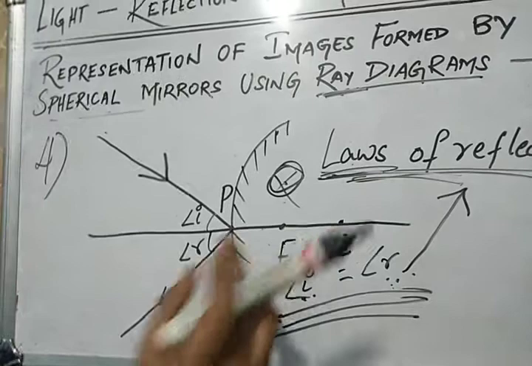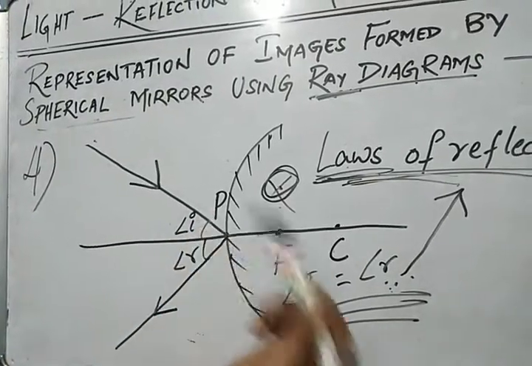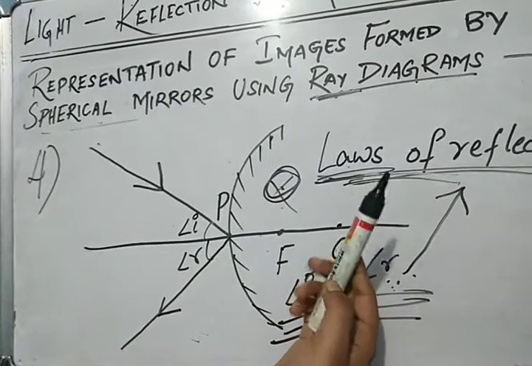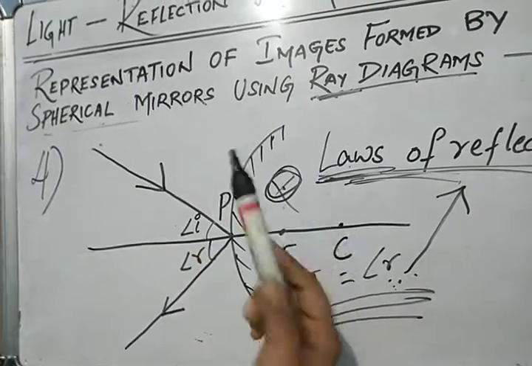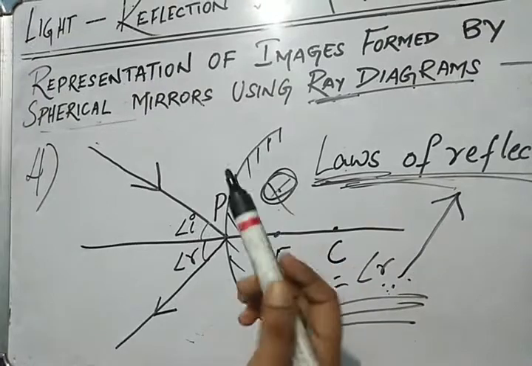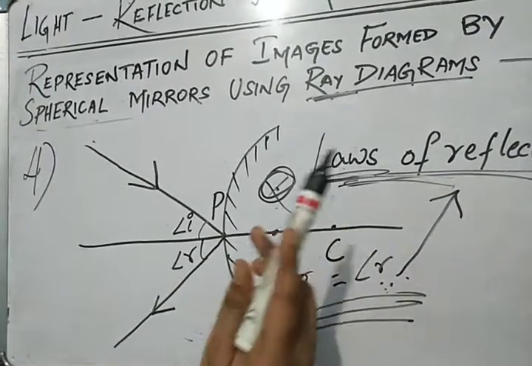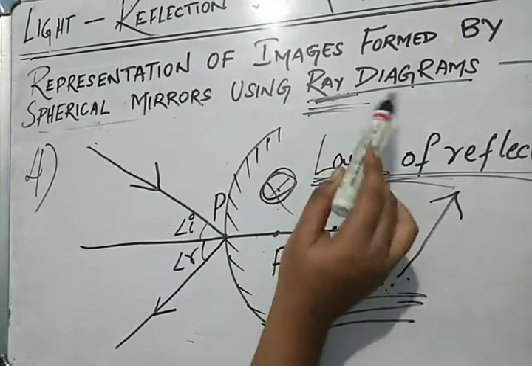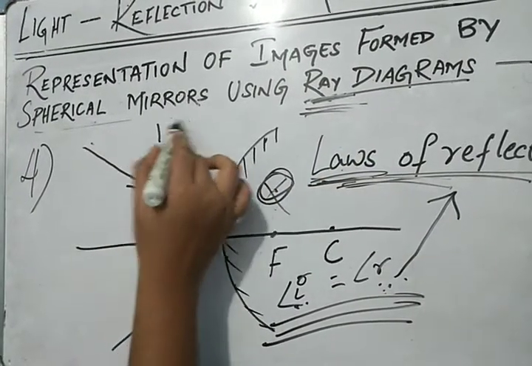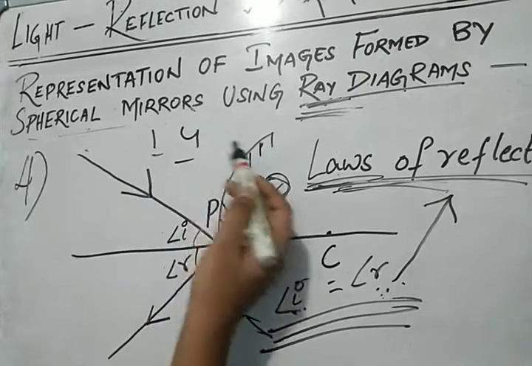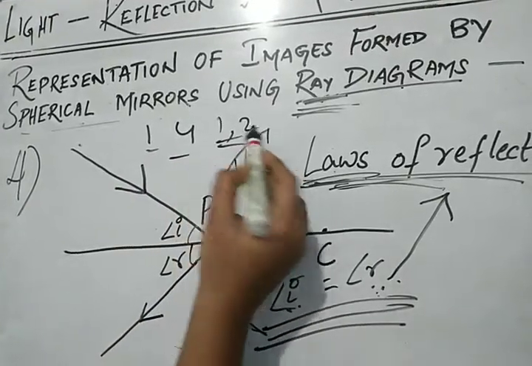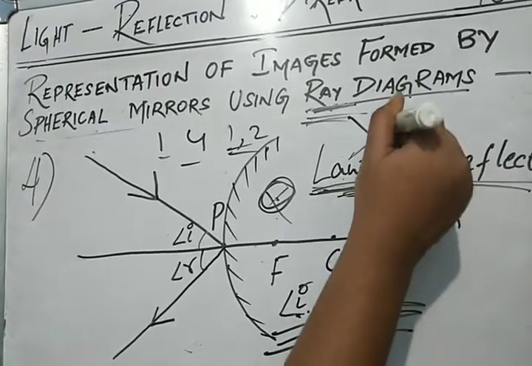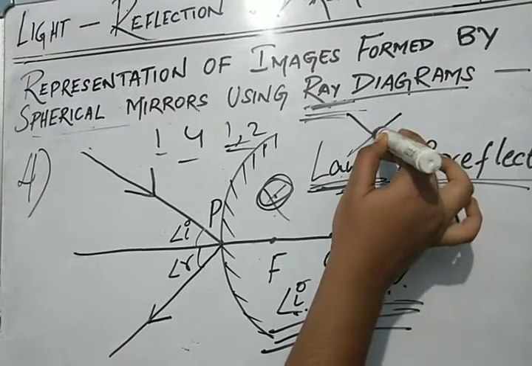For that reason, I taught you these 4 points in the beginning itself, so that you do not face any difficulty when you start drawing ray diagrams and representing images formed by the spherical mirrors. You can take either 1 and 4, or the first one and the second one, but the two reflected rays should intersect at a point. Only then you can show that the image is formed over here.